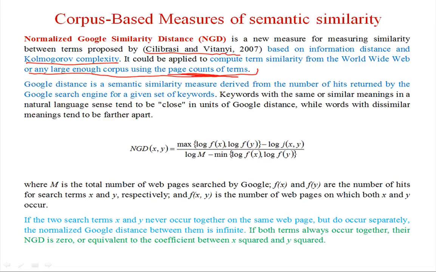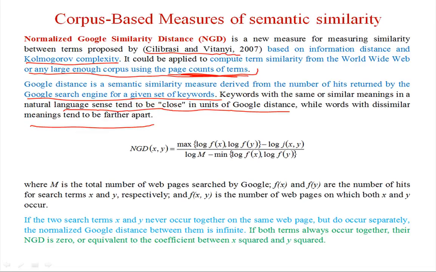This is an important part. Google distance is a semantic similarity measure derived from the number of hits returned by the Google search engine for any given set of keywords. Keywords with the same or similar meaning in a natural language sense tend to be close in units of Google distance, while words with dissimilar meanings tend to be further apart.